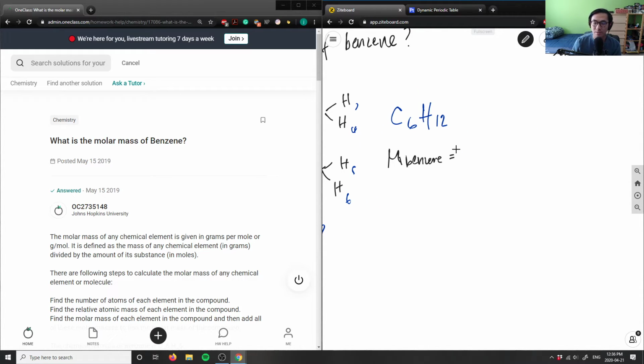So again, 6 carbons, it's 6 times the molar mass of carbon, which is 12 grams per mole, plus 12 hydrogens times the molar mass of hydrogen, 1 gram per mole. Therefore, 6 times 12 is 72, and 1 times 12 is 12.